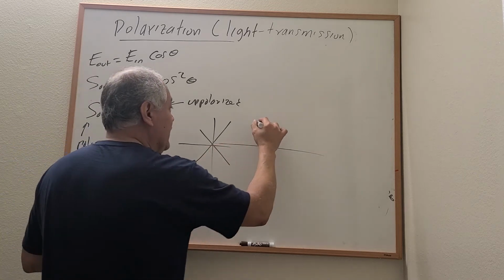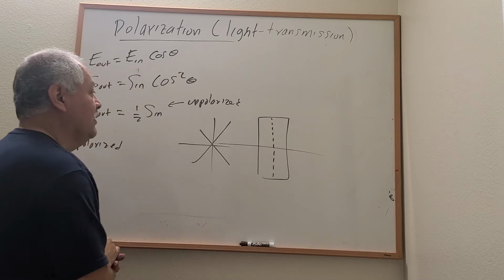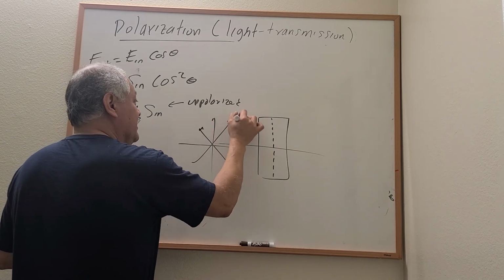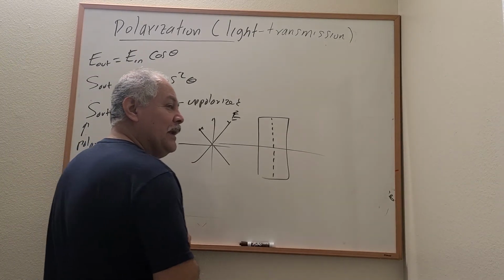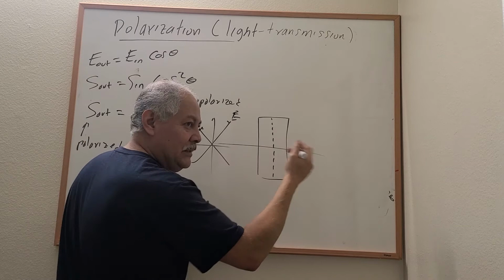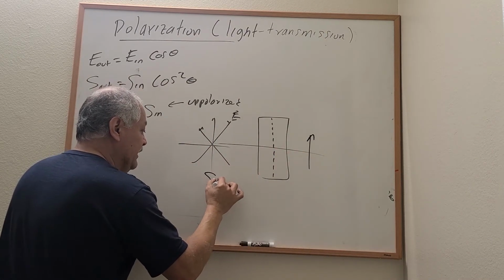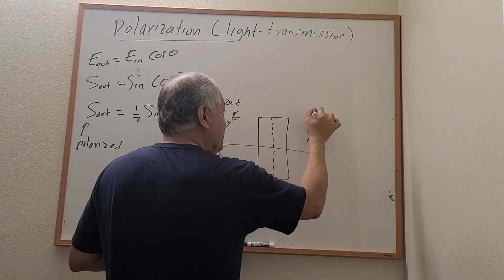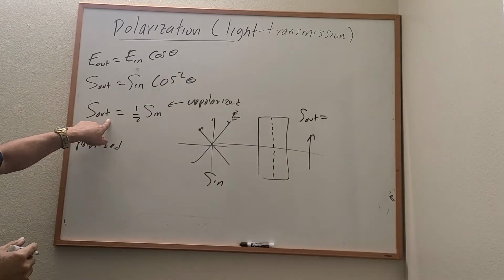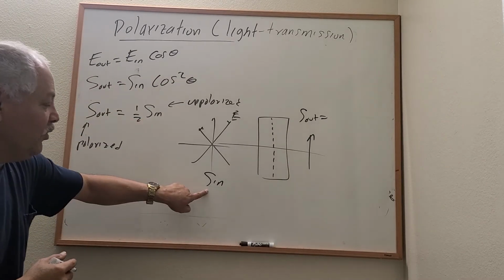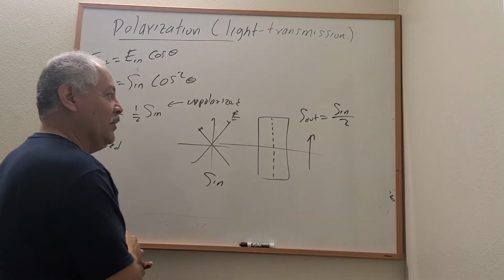And then we have a polarizer right here. This is the axis of polarization, correct? Remember, this is the electric field, correct? Now what should be the polarized light, or intensity? Well, right here at the beginning is intensity in, and right here is intensity out, equal to what? According to this equation, when it's unpolarized and becomes polarized, it's going to be this divided by 2, correct?